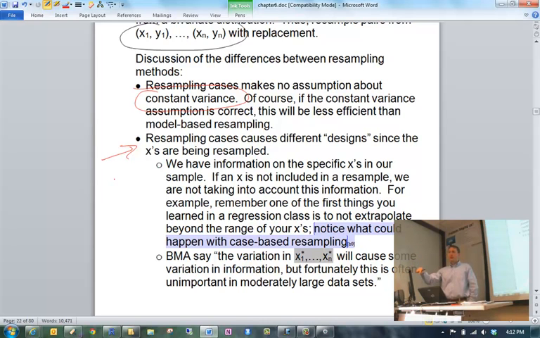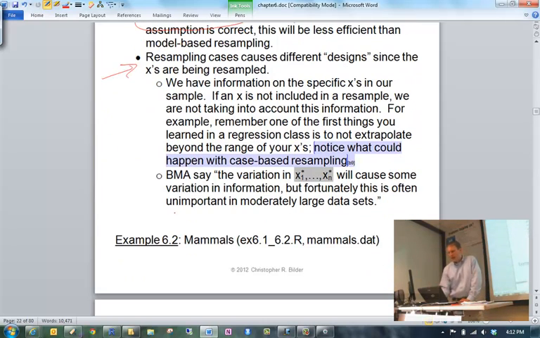Now, a potential problem this can cause is, and I think we discussed this before, let's say all the X's in my data set were between 0 and 4.